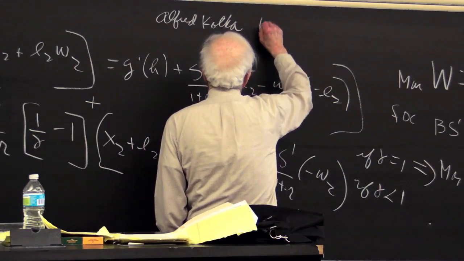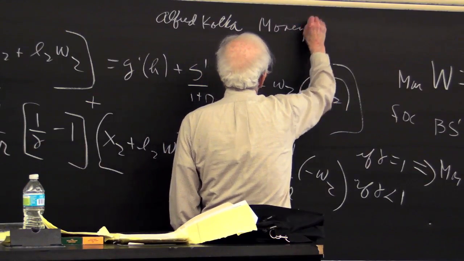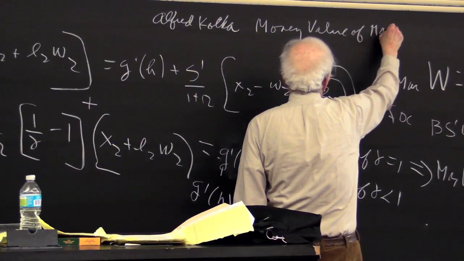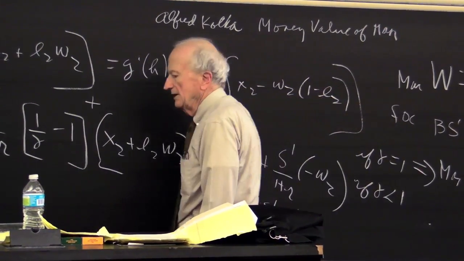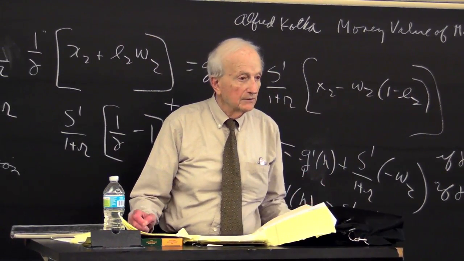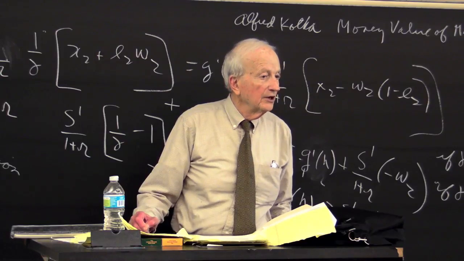But he wrote a book, The Money Value of Man. And he just looked at discounted earnings. We don't want to do that. We want to look at full income.